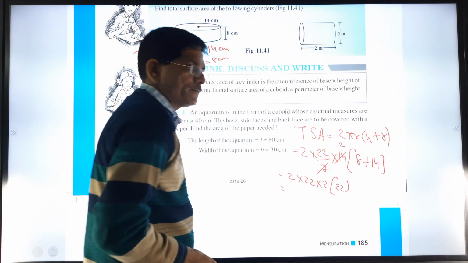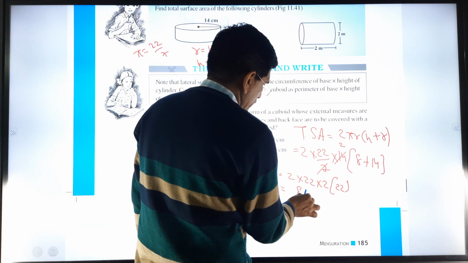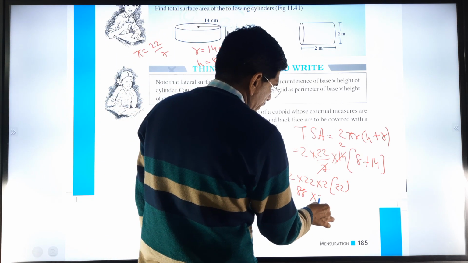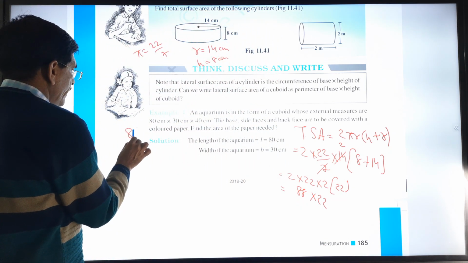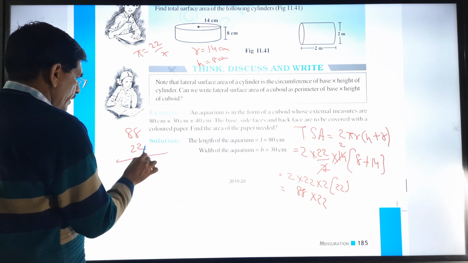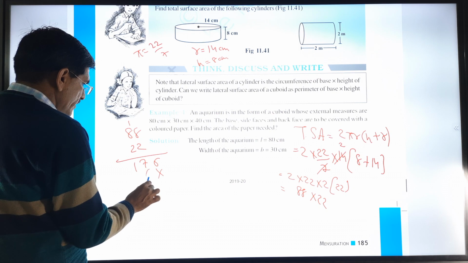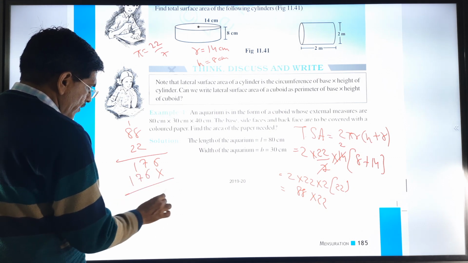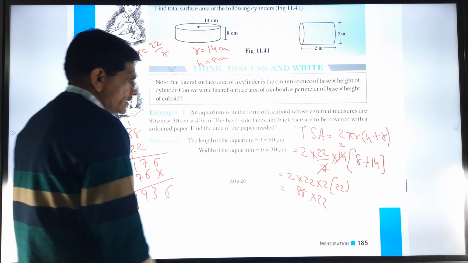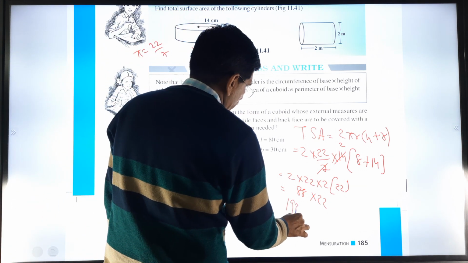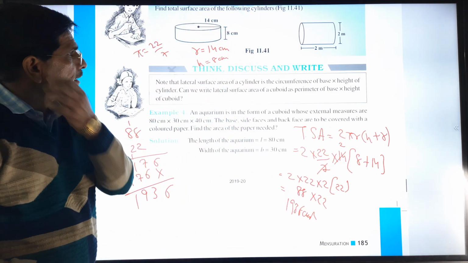Now multiply this. 2 into 22 is 44, 44 into 2 is 88, 88 into 22. 8 twos are 16, carry 1, 8 twos are 16, 17. Add 6, 7, 1. So 6, 13, carry 1, 9, 1936. So 1936 centimeter square is the area.